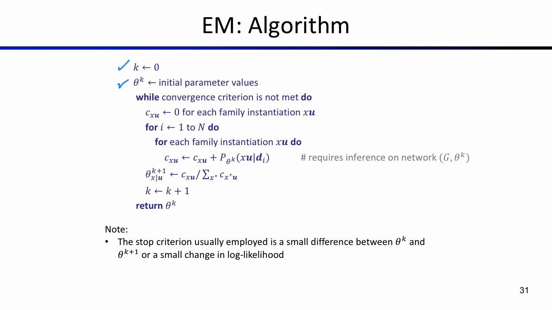So we need to decide how we're going to initialize the values. One possibility would be with random numbers. Another possibility would be computing the values with the data. So we look at the completed data and try to estimate the conditional probabilities for the Bayesian network as best as we can, and we fill in the gaps with random values.